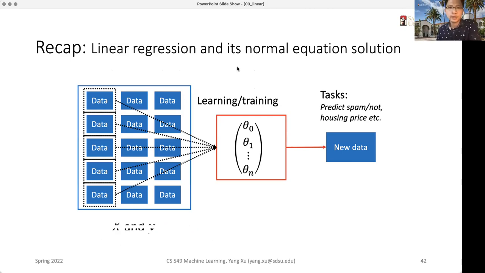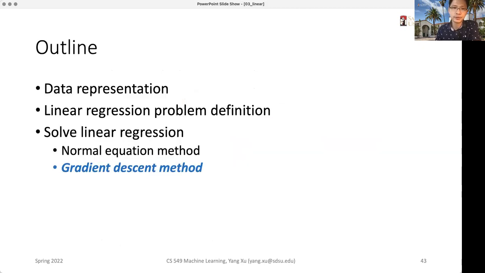With this part introduced, I think it's already enough for you to start working on the next assignment on linear regression. But I would like to use the time we have left, maybe 5 more minutes, to introduce a more critical part, the gradient descent method.